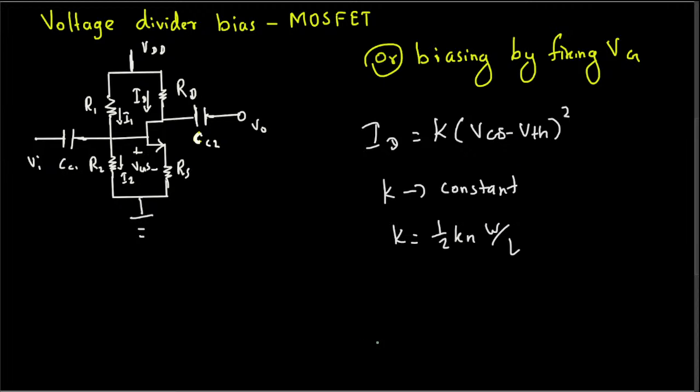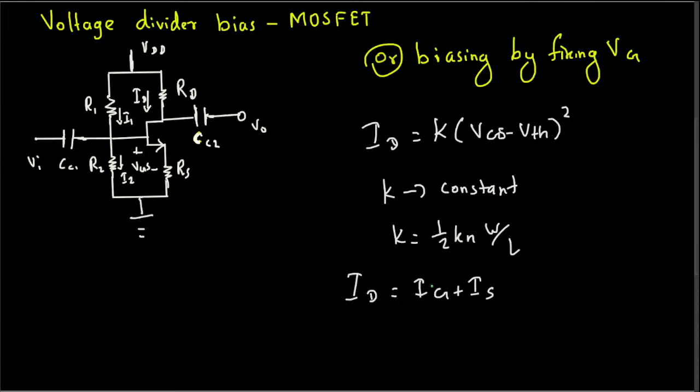Okay, and let's look at the ID current. If you apply KCL over here, whatever current enters this loop should be the current exiting the loop, and for the exit, we only have gate and source, so it should be the addition of Ig plus Is.